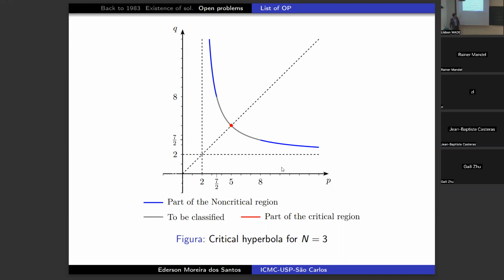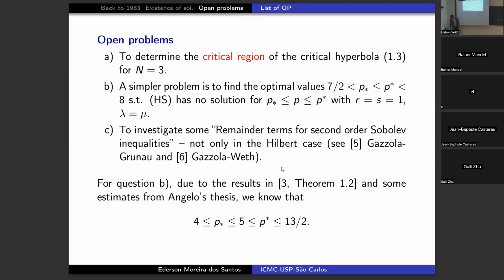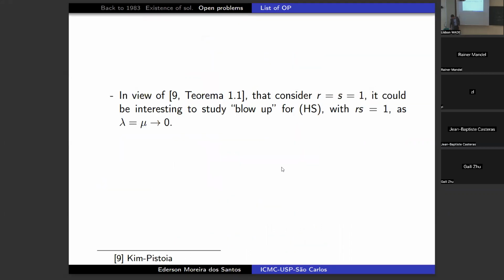So this is something we should classify. There is a recent paper by Kim and Pistoia regarding this kind of critical system, but in the case r equals s equals 1.